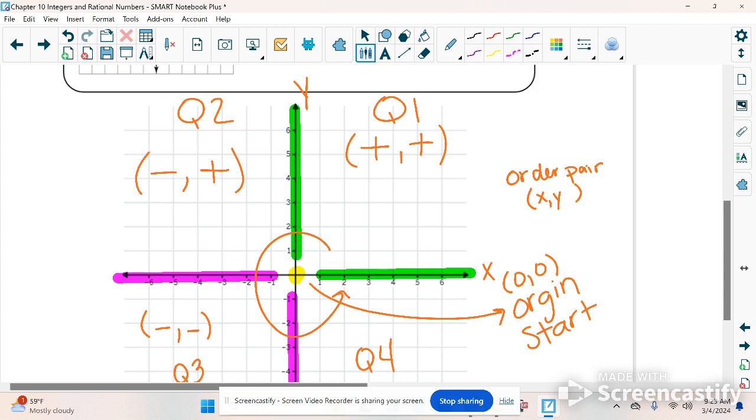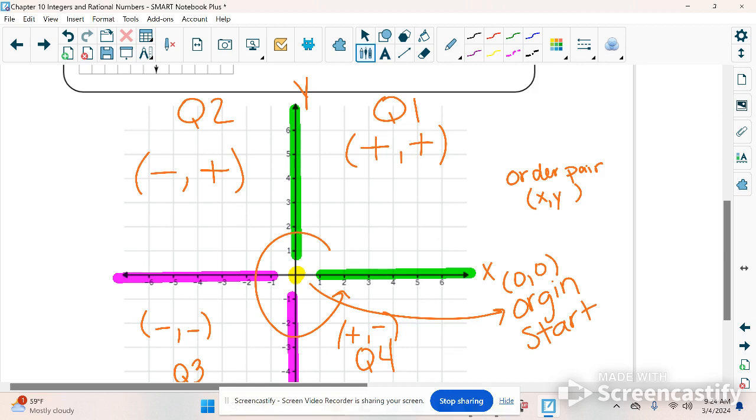In quadrant 4, the X is positive and the Y is negative. You're going to have to figure out a way to memorize that. I said X, Y, Z, in that order. All those parts right there, you're going to have to learn and remember. Okay?